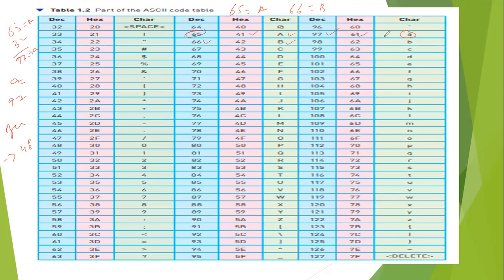If you cannot remember the small a code, only remember 65. That's it. Only remember 48 for 0. Here you can see 48 decimal, code 30 hexadecimal, is 0. And 9 is 57, and 39 is the hexadecimal.